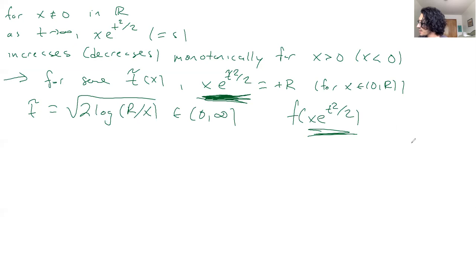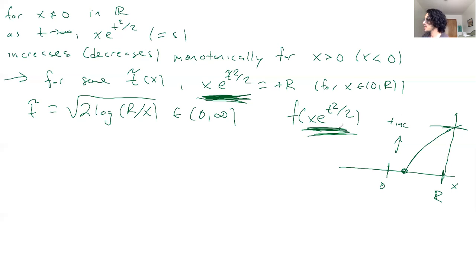Another way of thinking about this is that if I start out with some, here's 0, here's r, maybe here's my initial x, over time, as t increases, it is going to cross through this point. And I'm no longer going to be evaluating this argument in a region where I have support. So this would be my t tilde of x here. This would be my initial x here.